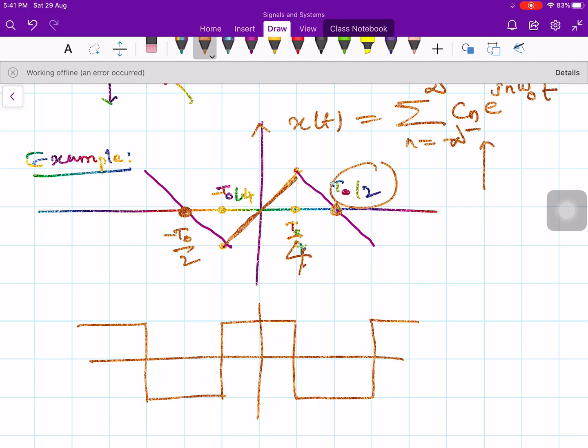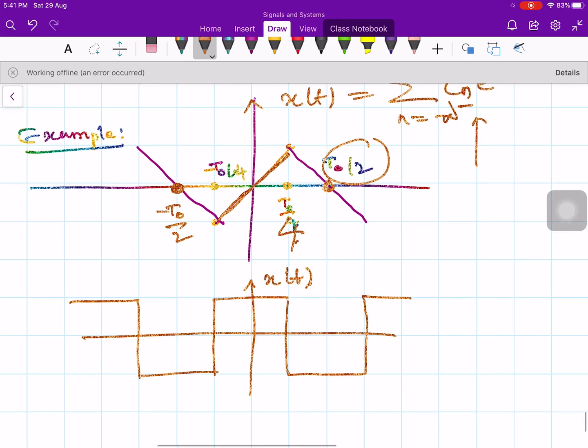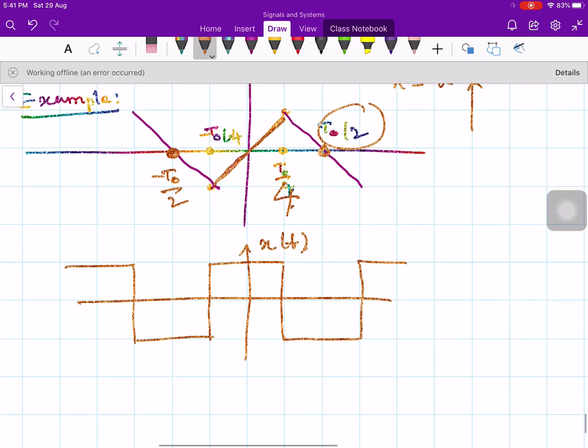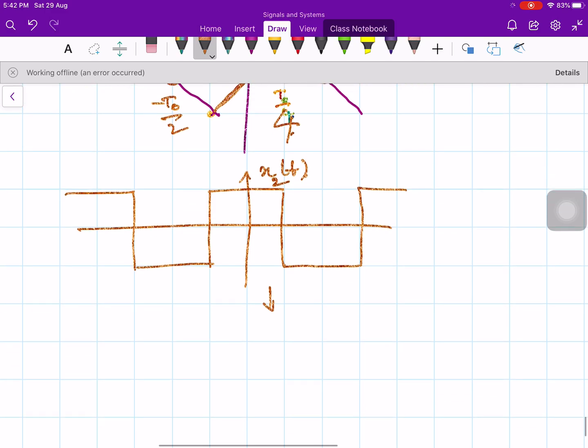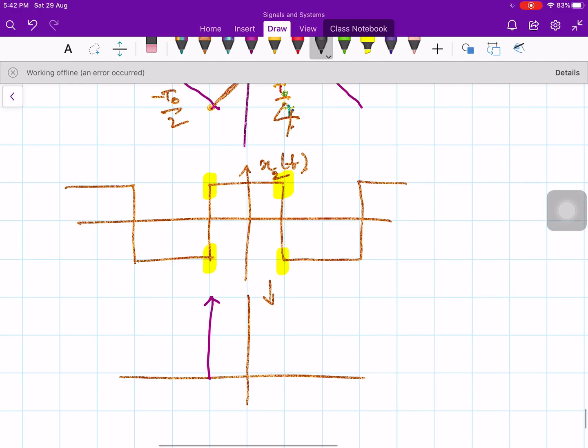Let me call this x2 of t. Okay, so that results in a square waveform. Again you take the derivative of this. Then if you take the derivative again, from this point to this point there is a positive slope, and from this point to this point there is a negative slope.